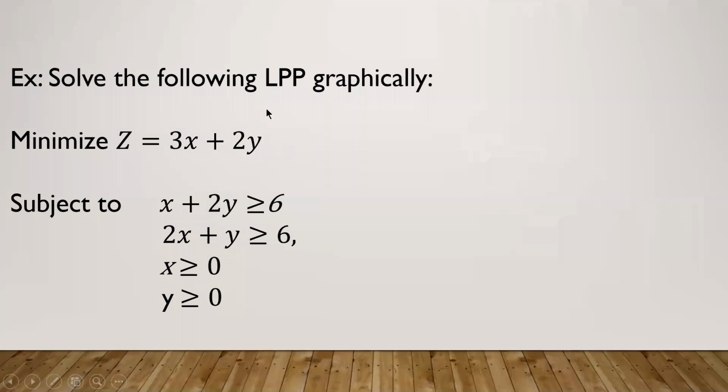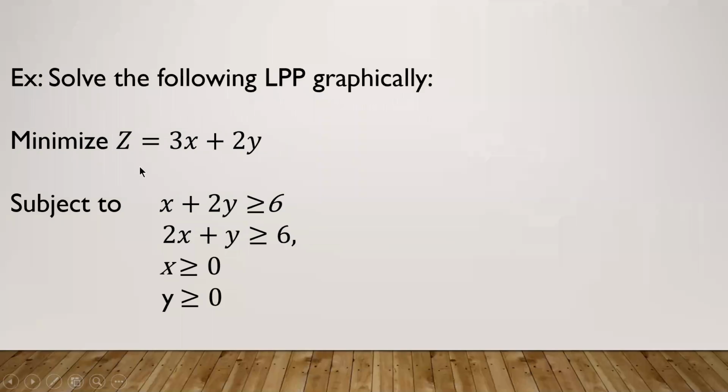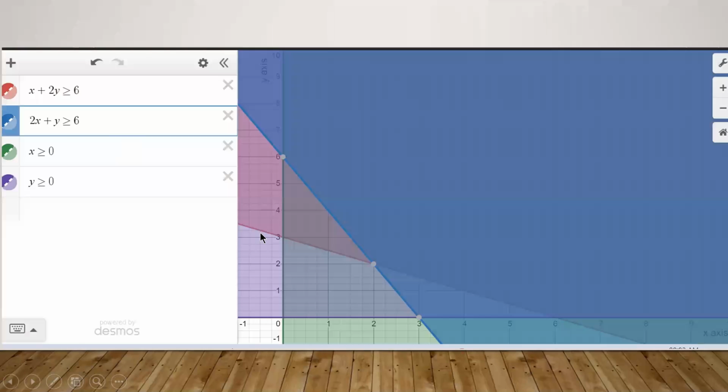ठीक है? Now to solve this, again we have to first find the feasible region given by these inequalities. So here I have done that. See here, x plus 2y greater than or equal to 6. That is our first one, and 2x plus y greater than or equal to 6. ये हमको region draw करना है. So first of all, we will have to draw the line x plus 2y equal to 6.